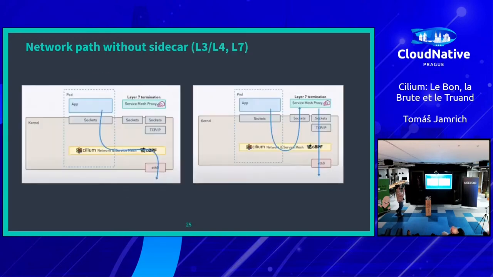When we don't use the sidecar and supplement with eBPF, we have the application communicating through a socket directly with the virtual Ethernet device and to the host machine. When we are talking about L3 and L4, that is the left one, and with L7 right now, because the kernel is not aware of layer 7 connectivity, we are stuck with using the Envoy proxy for now.